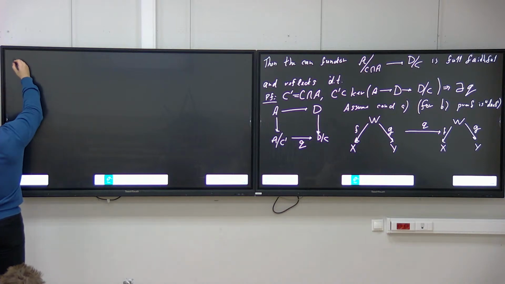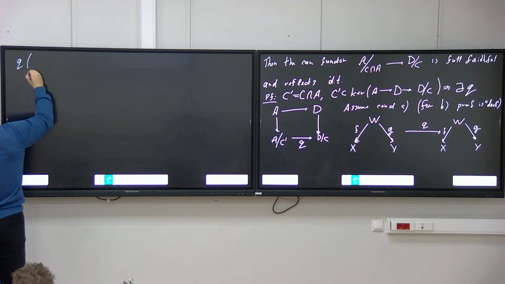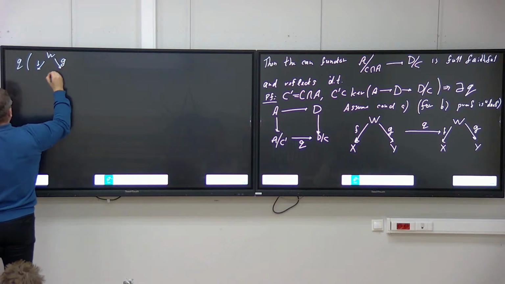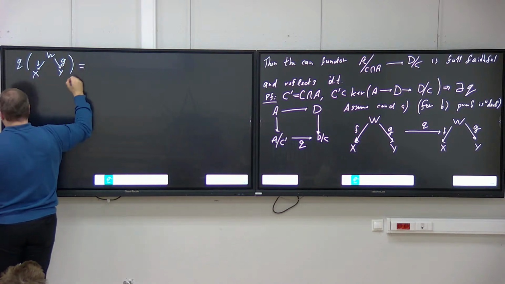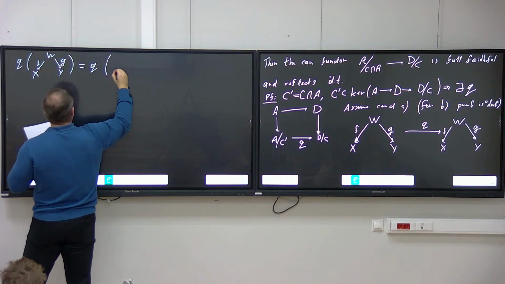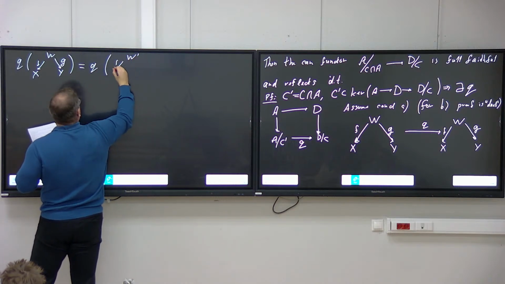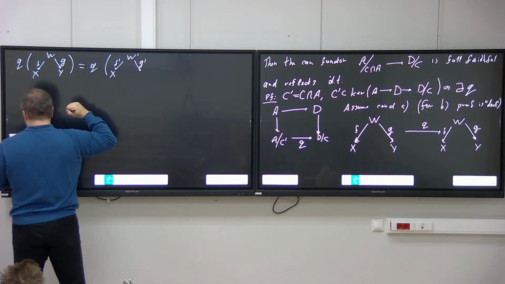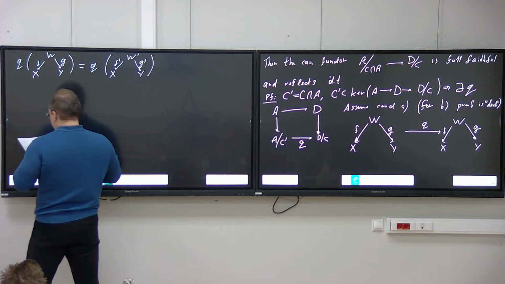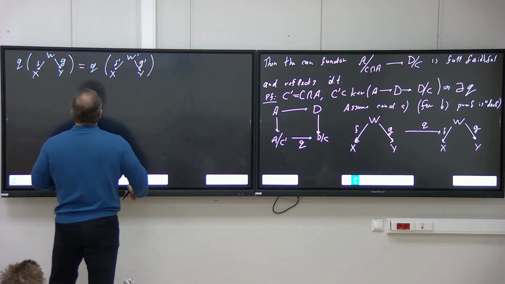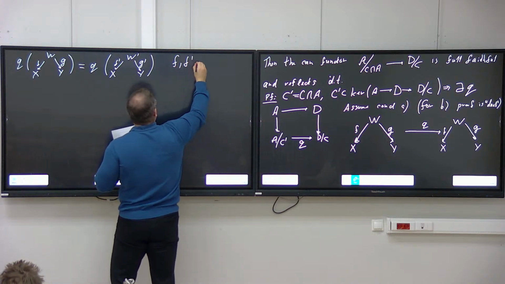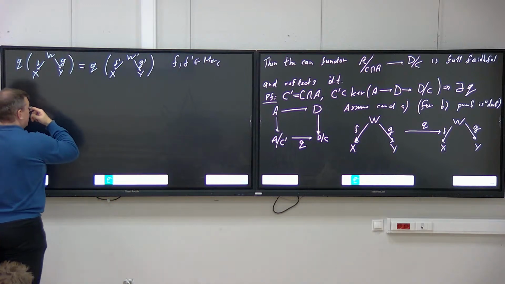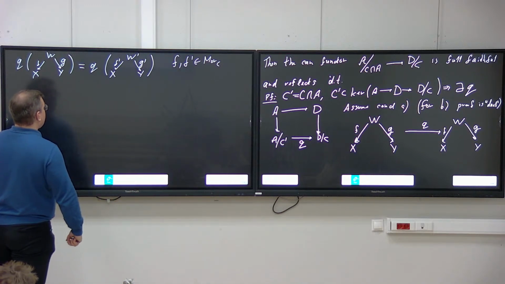Now suppose I have the situation that, say, Q of one such roof with W, F, and G, X, and Y is equal to another roof. So it's equal to the Q of some W prime, F prime, G prime, X and Y. Of course, in this computation, I assume that F and F prime are in the Mor C. Well, this means that these two roofs are equivalent.